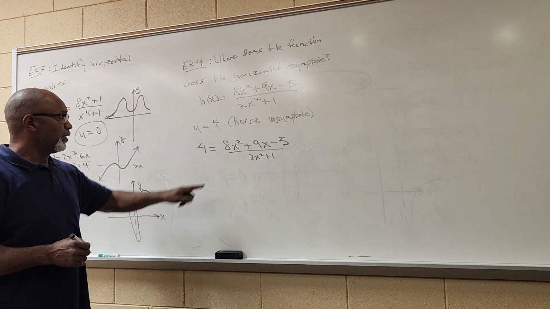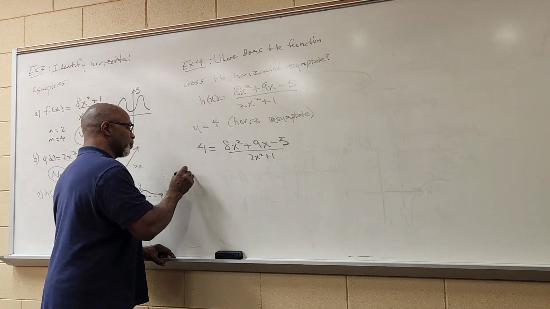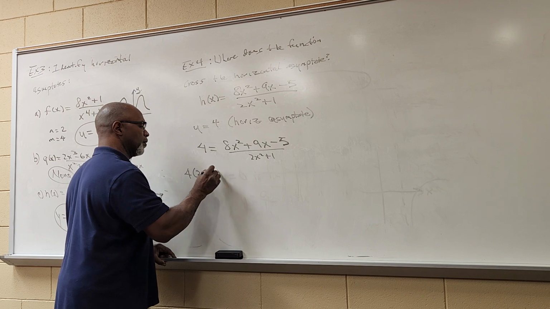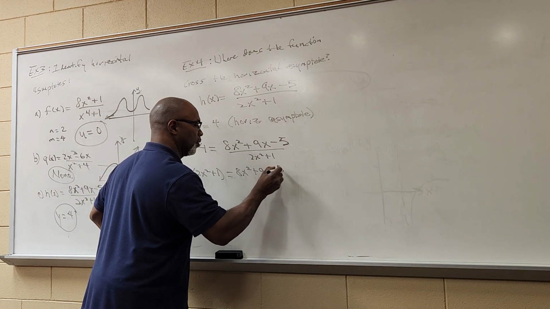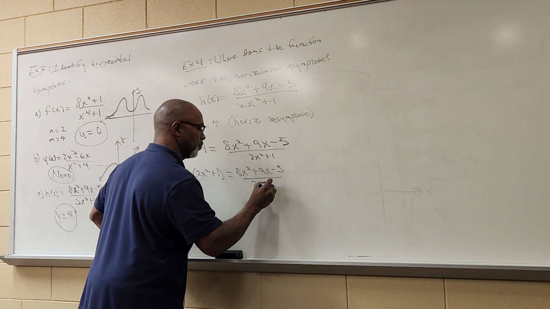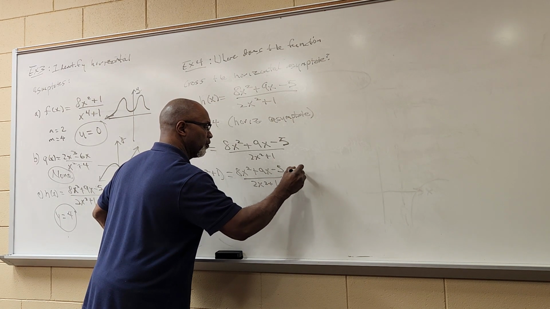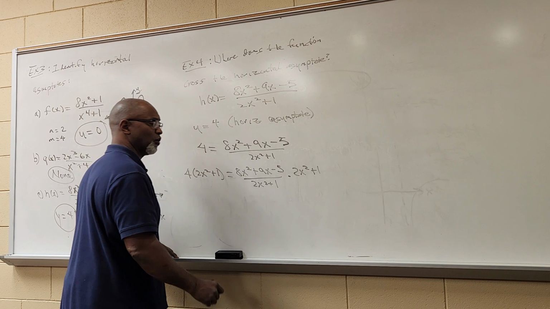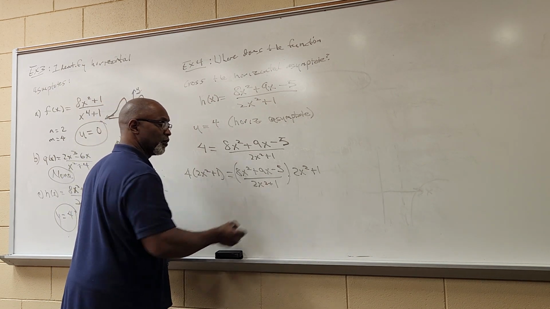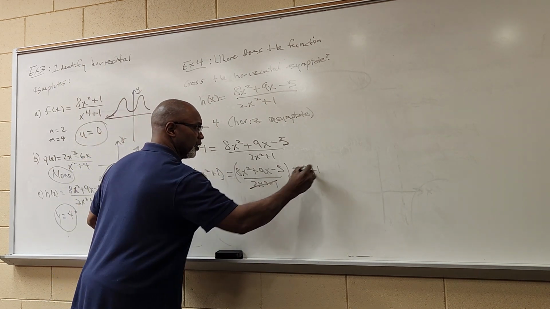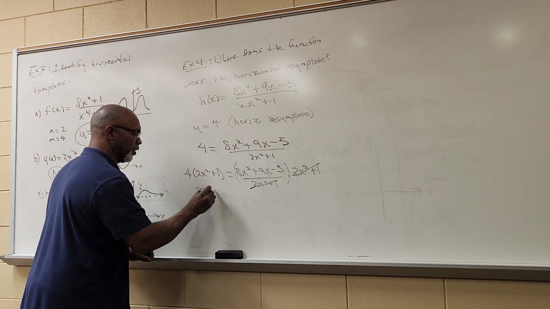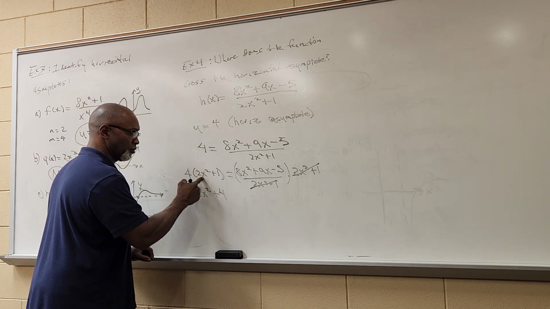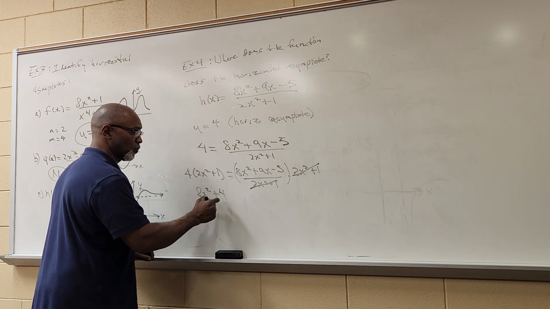Now, how do I get rid of fractions? Well, you multiply both sides by your denominator. If I multiply the left side by 2x squared plus 1, I need to multiply the right side. But over here, they cancel. 4 times 2x squared is 8x squared. 4 times 1 is 4.